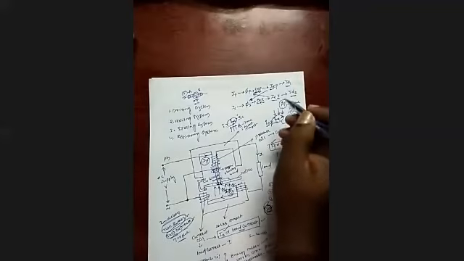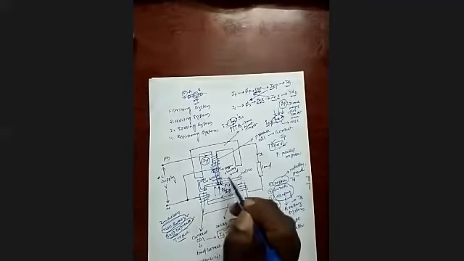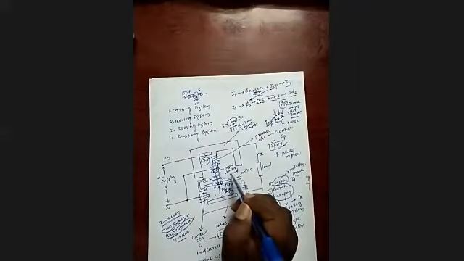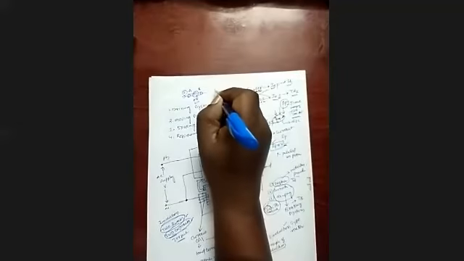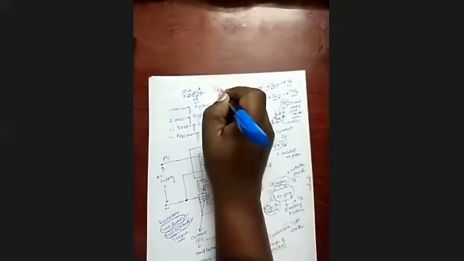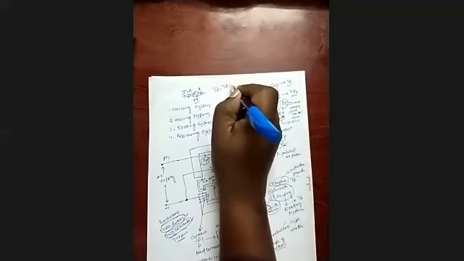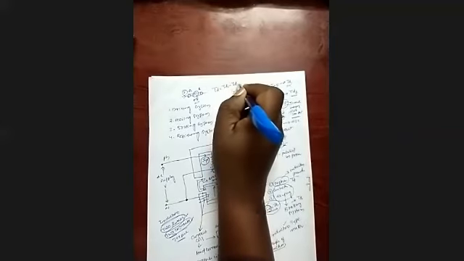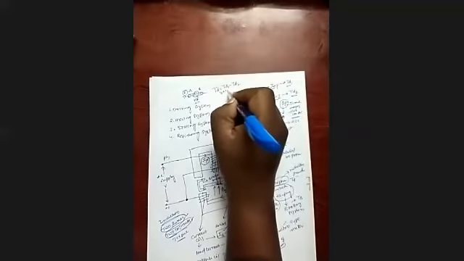So in an induction type of energy meter, two deflecting torques are produced. One is TD1 and the other is TD2. Therefore the resultant torque TD equals TD1 minus TD2 if TD1 is greater than TD2, or TD2 minus TD1 if TD2 is greater.